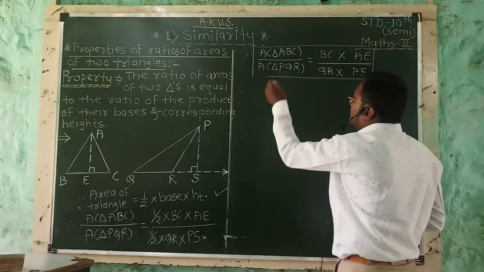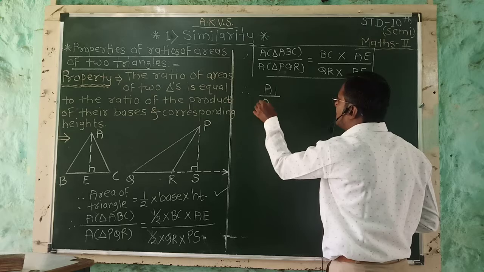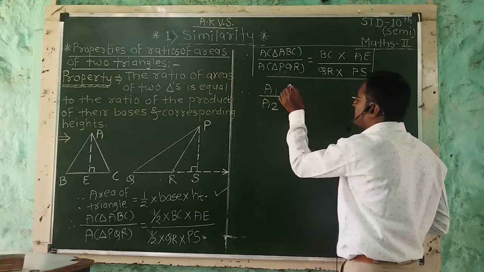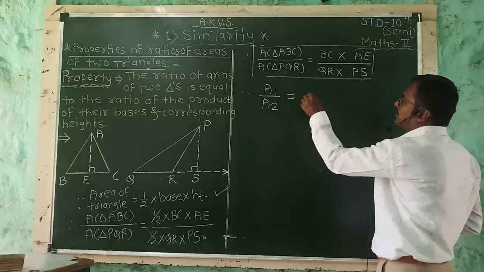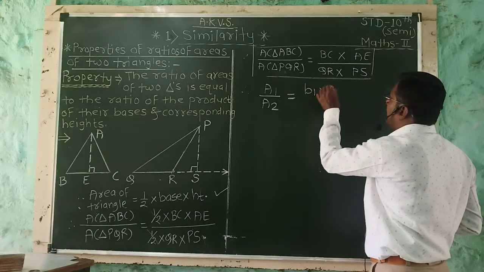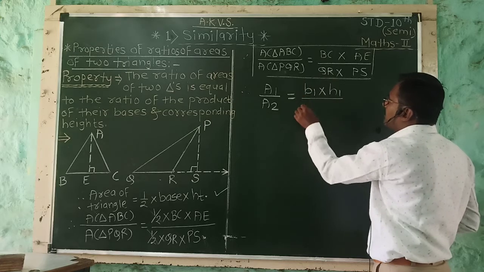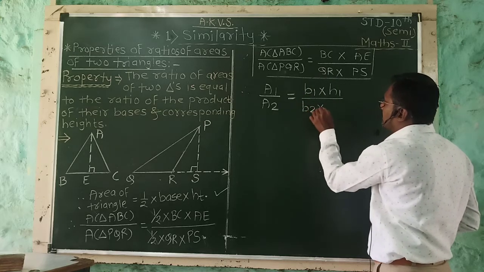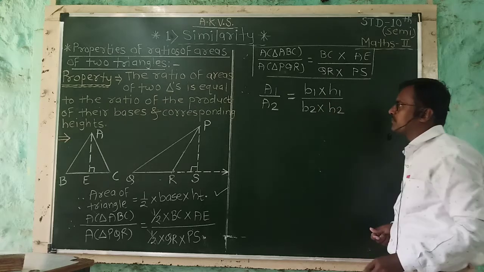your ratio you can write as A1 upon A2 is equal to the base of the first triangle, which I consider as B1, and the related height H1, the base of the other triangle B2 and the related height H2.